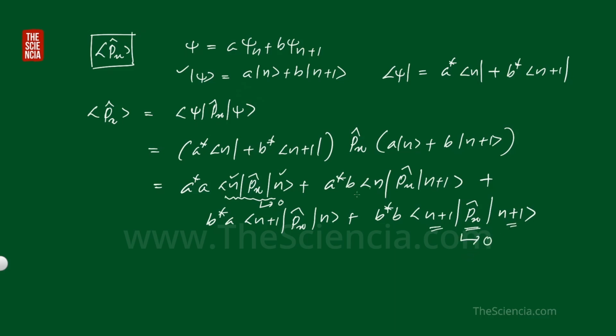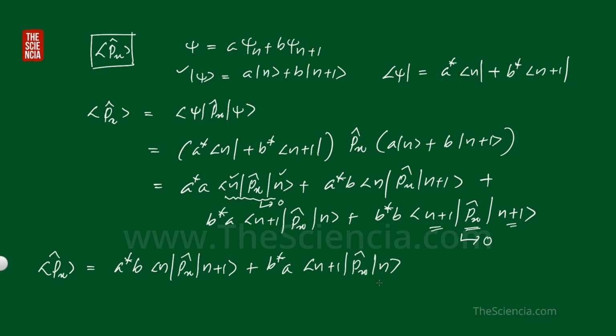So there are only two remaining terms, that is, the expectation value of Px is equal to A star B bra n Px cap ket n plus 1 plus B star A bra n plus 1 Px cap ket n.